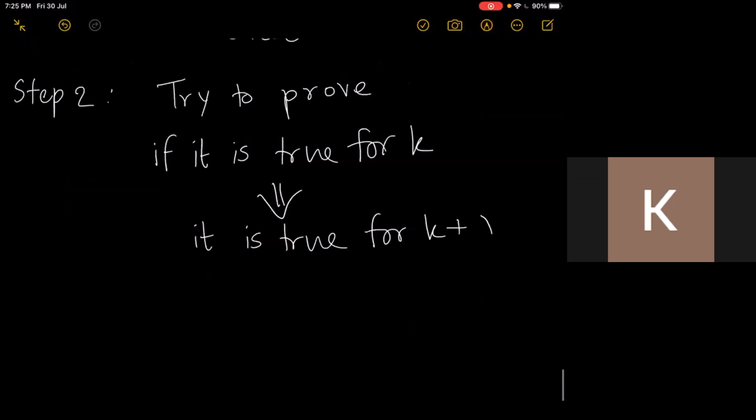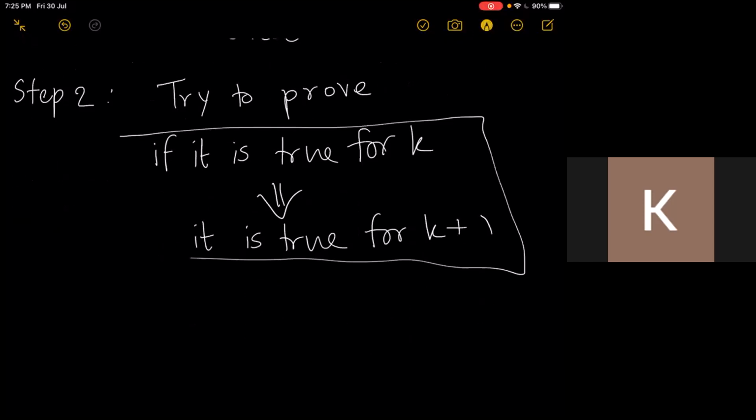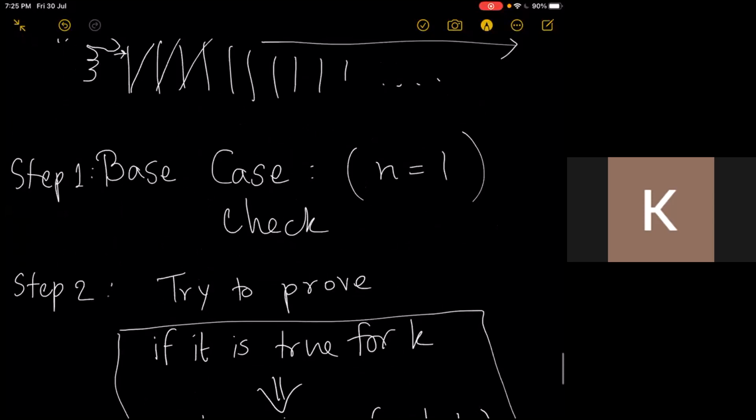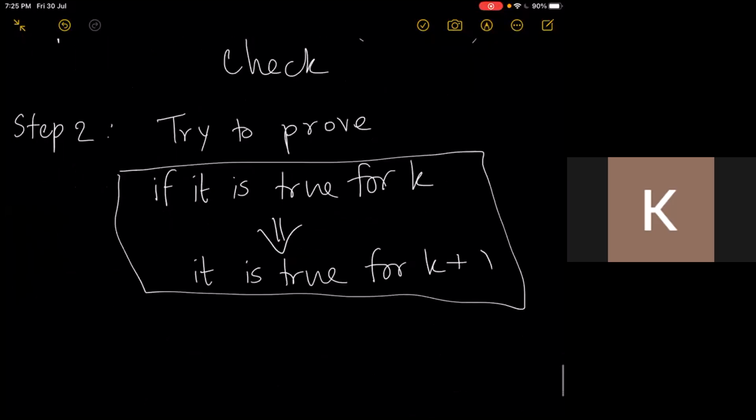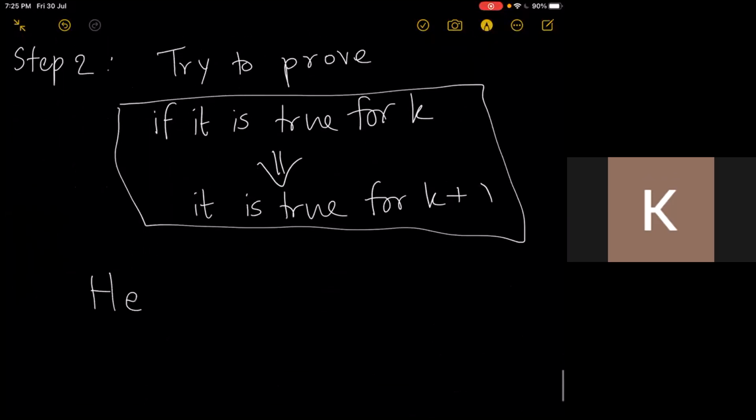Now if you can prove this somehow, and you have a base case checked, then basically you have proved the thing by mathematical induction. Everyone understood, na?